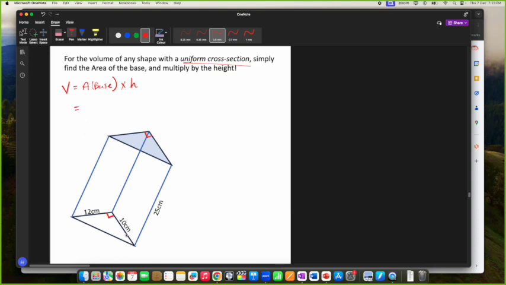The area of that base, it's a right angle triangle, so it's a half base times height multiplied by this other height. A half base, well, we'll call the base 12 and we'll call the height 10. You could really call either one because multiplication is commutative. Then you're multiplying it by the 25, which is this height over here.